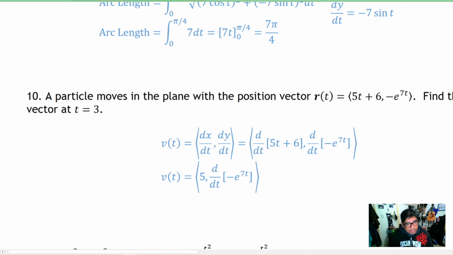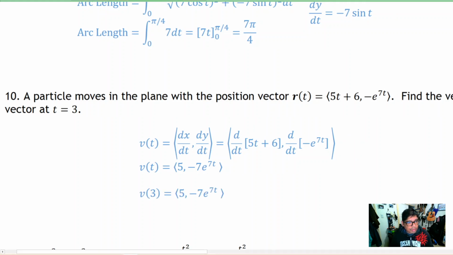And then the derivative of negative e to the 7t, that's negative 7e to the 7t. Now if we want to find the velocity vector at t equals 3, we'll just substitute 3. And that does it. 5 and negative 7 e to the 21.